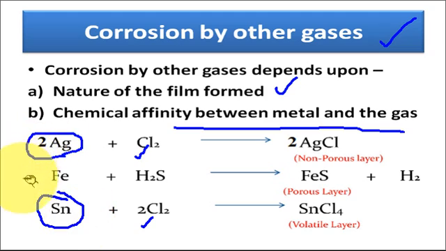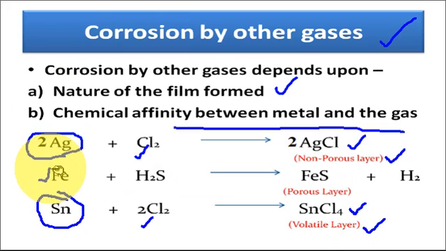But extent of corrosion depends upon the nature of the film formed. Here silver chloride is formed, here tin chloride is formed. But the layer of silver chloride is the non-porous layer. That means it is the protective layer. While tin chloride layer is the volatile layer. That means complete tin gets corroded in such cases.